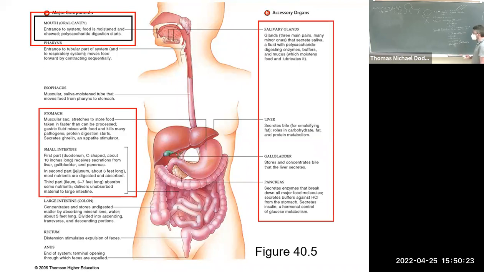But that's not the case for lipids. Does anybody remember where they get absorbed? Yeah.